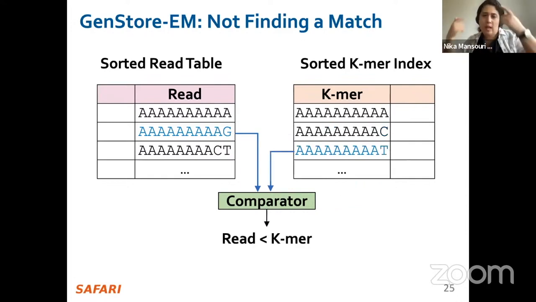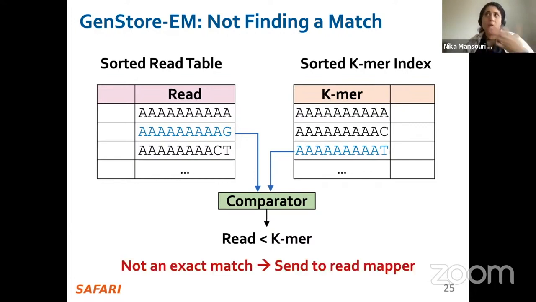Okay, so then now the k-mer is larger than the read. So again, we conclude that the read this time does not match any k-mer in the index. So when it doesn't match, we know that we need to send it to the read mapper. This read mapper can be anywhere, right?